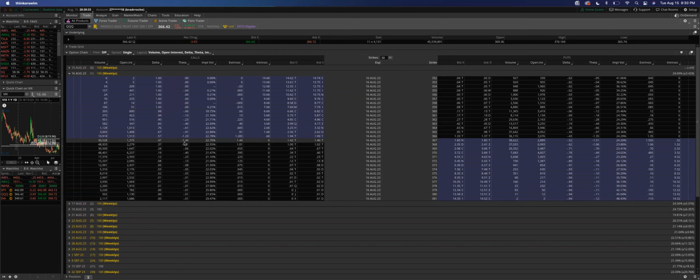Just by holding it, it's going to lose $144. So say you bought this in the morning and it closed at the same spot, it's going to be worthless. It's going to lose all of its value. You can see 101, it's going to lose $101. Basically, all the premium is going to be gone.